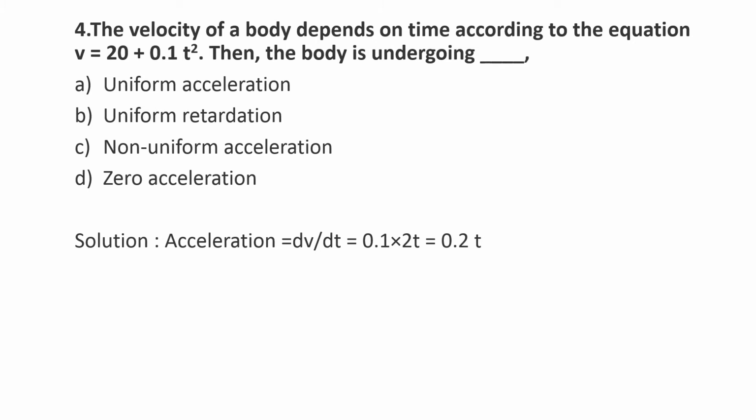So differentiation of t square becomes 0.1 into 2 into t to the power 2 minus 1, means you get t to the power 1. So you get the acceleration equation as 0.2 into t.